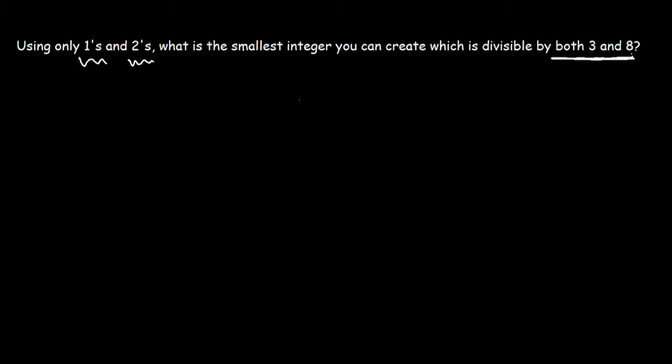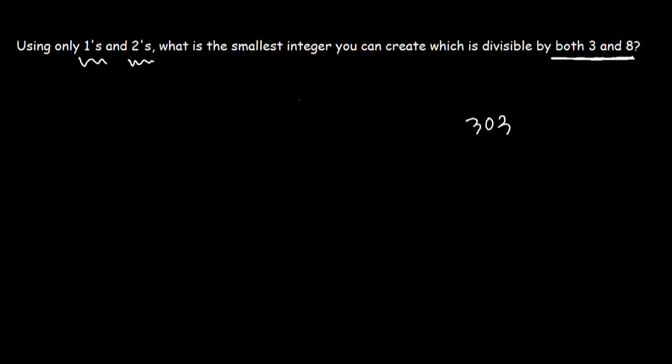If you refer back to my previous videos, I've already talked about the divisibility rule for numbers 3 and 8. For 3, the sum of the digits of a number has to be divisible by 3. As a recap, let me just go over this really quickly. For example, 303 is going to be divisible by 3.